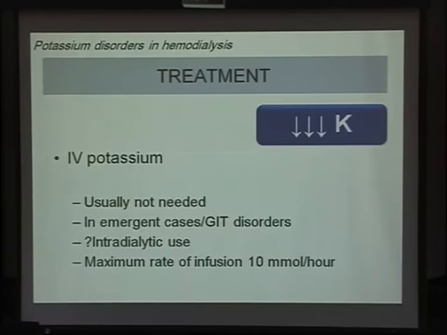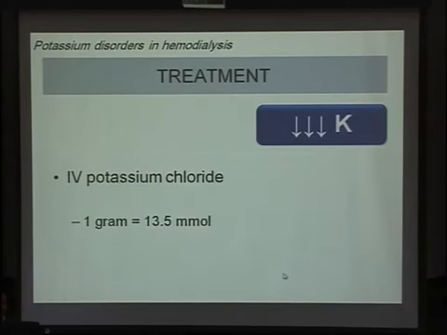Again, IV potassium is usually not needed. Here in my country, we might use it intradialytic because we don't have an alternative for a high potassium bath, so we use a normal bath and give some intradialytic IV potassium. However, don't forget that the maximum rate of infusion is 10 millimole per hour.